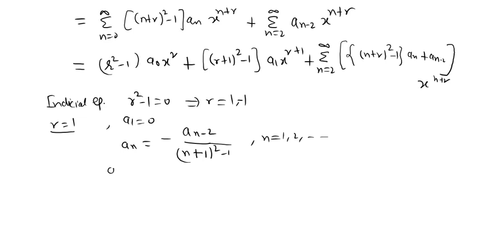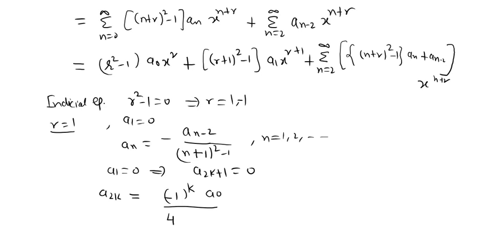So a1 equal to 0 will give you all odd coefficients as 0, and the even coefficients you can check are given by (minus 1)^m a0 divided by 4^m m factorial (m plus 1) factorial. So just write a_2k, then a_(2k minus 2), a_(2k minus 4), and up to a0.